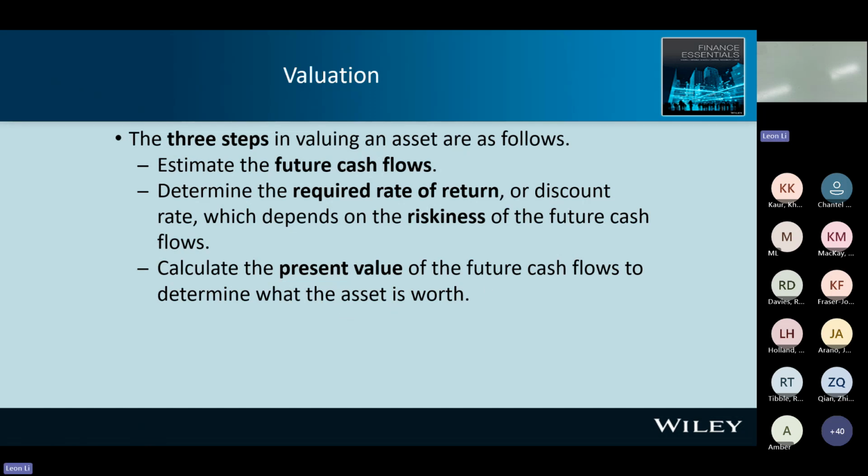All right, so there are the 3 steps in valuation. Not only for stock, in bond, in project, we also use the 3-step process. Right? Step 1, estimate the future cash flow. Step 2, determine the required rate of return. Step 3, calculate the present value. Right?